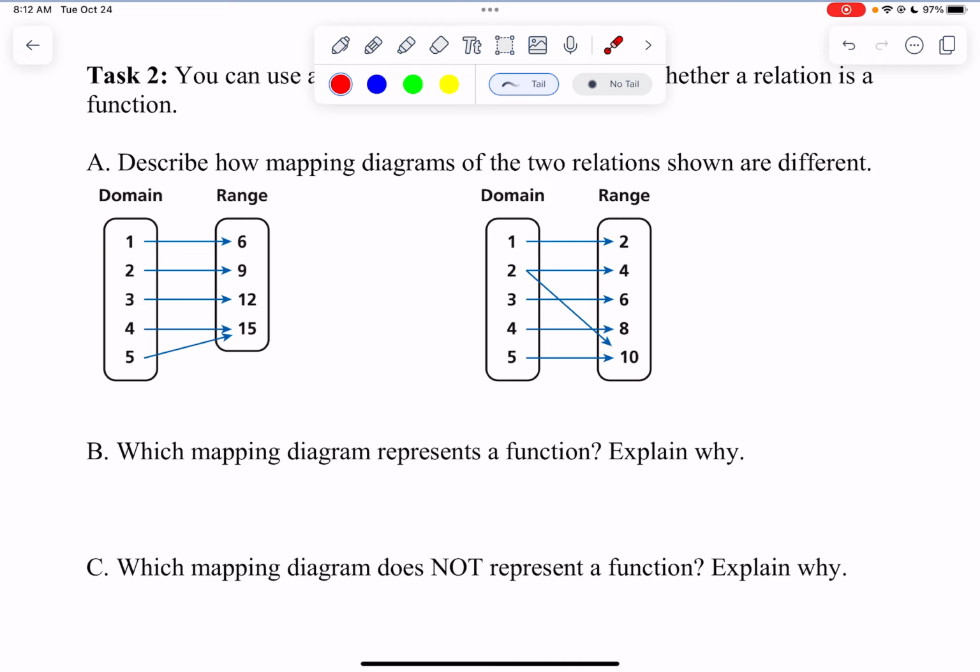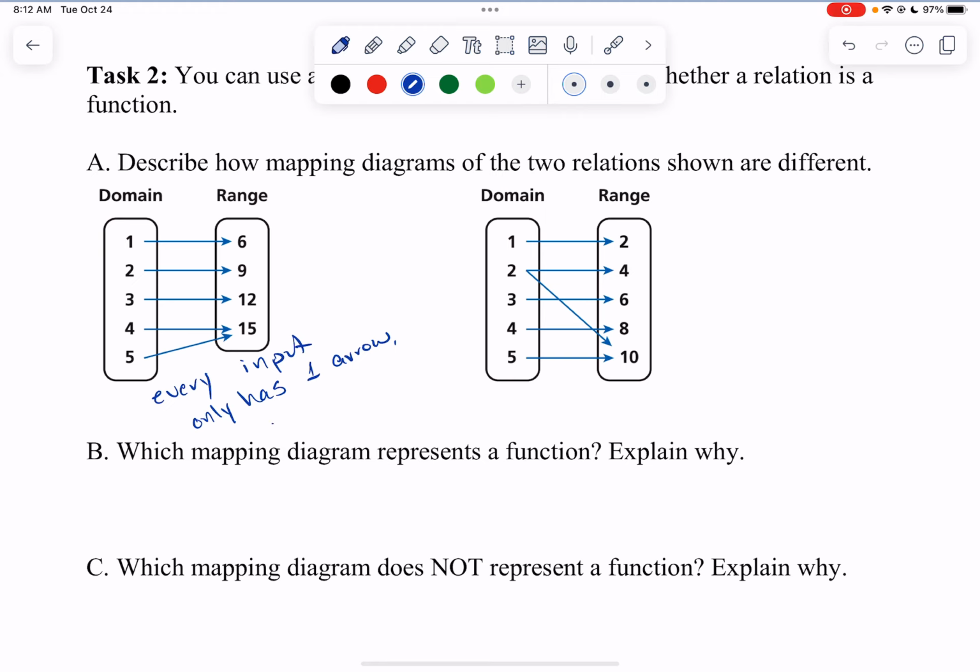Okay, so if we look at these, 1 goes to 6, 2 goes to 9, 3 goes to 12, 4 goes to 15, and 5 goes to 15. Every input only has 1 arrow, only goes to one output.